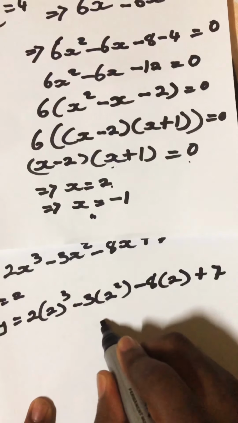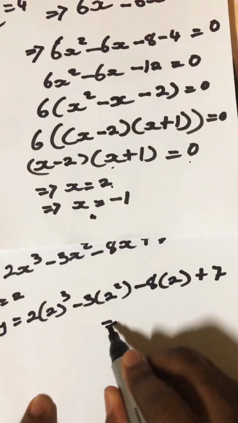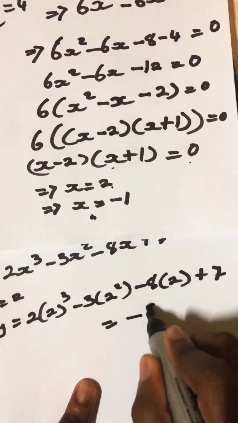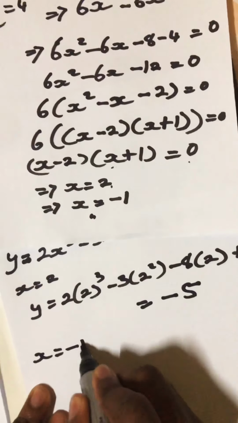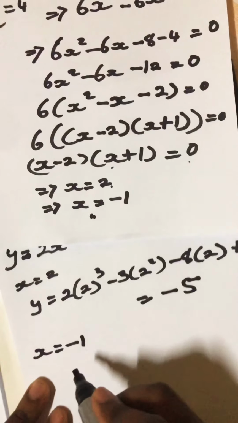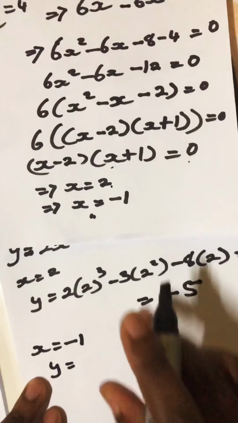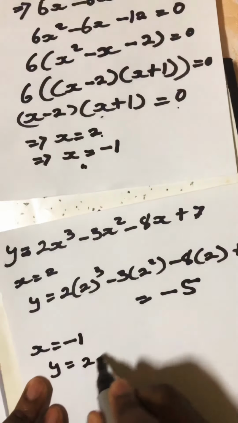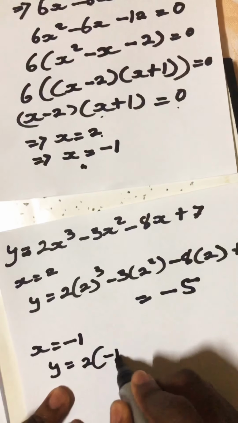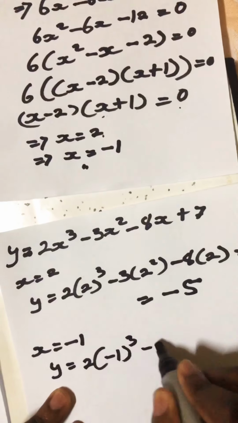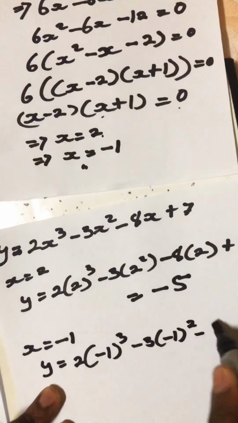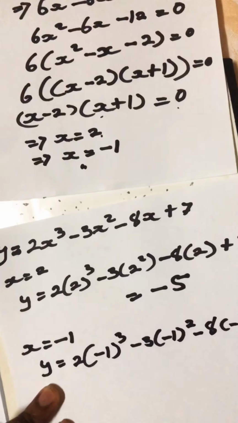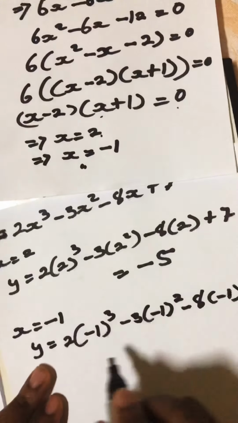That will give us negative 5. Taking x to be negative 1, we find the value of y. Y is going to be 2 times negative 1 cubed minus 3 times negative 1 squared minus 8 into negative 1 plus 7.